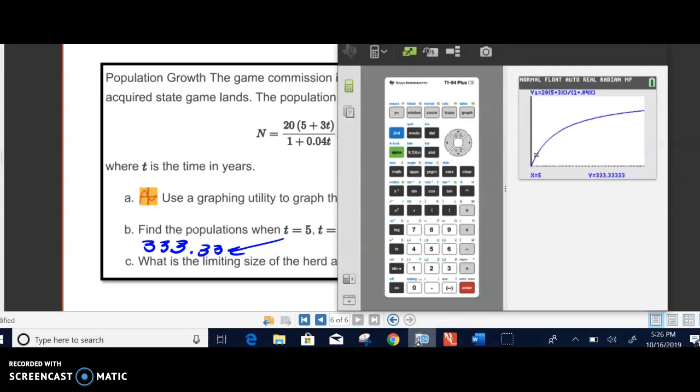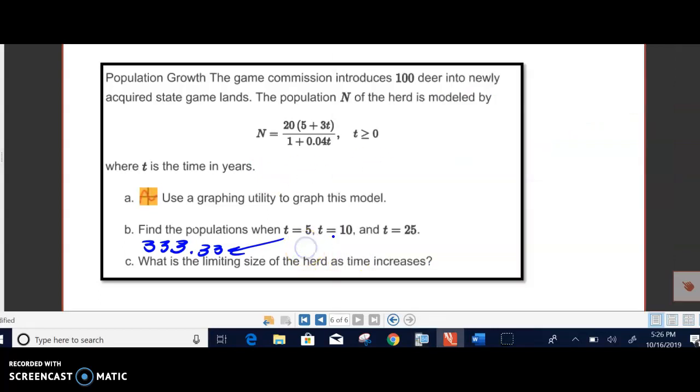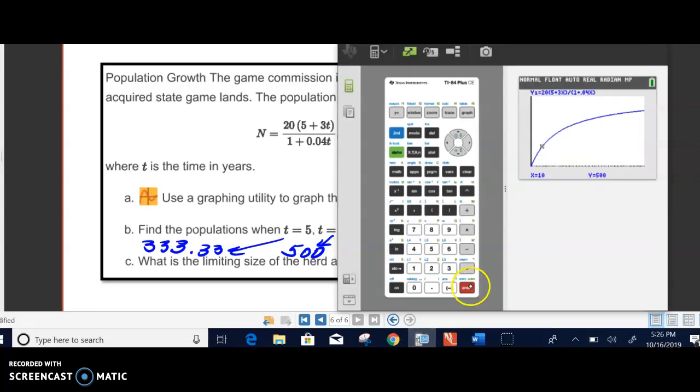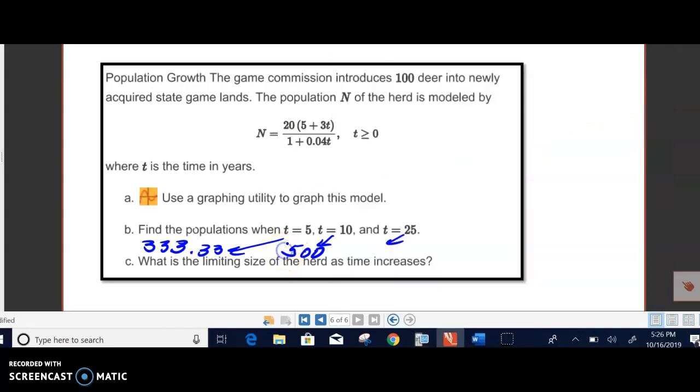Okay, let's type in 10. So when it's 10, we've got 500. And then let's see what happens at 25. We have 800. So, yeah, it looks like the population is increasing as the number of years goes on.